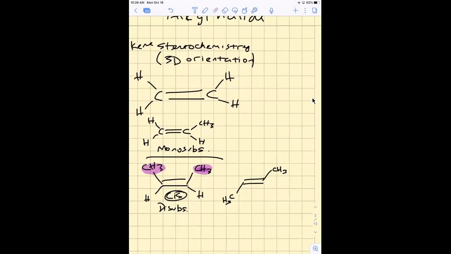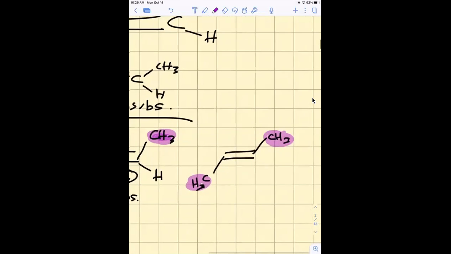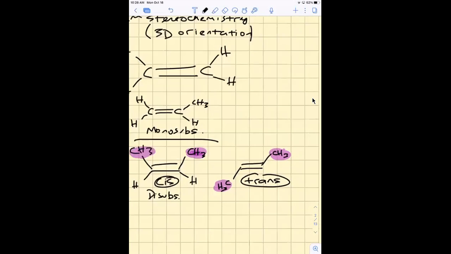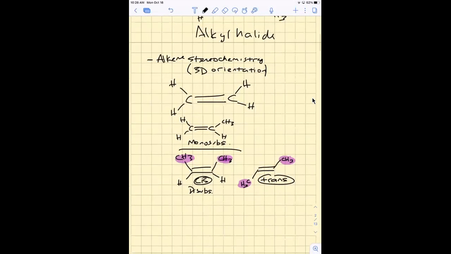The two groups are not on the same side, they're now on opposite sides. This is what we call a trans alkene. So yeah, cis and trans. The thing about these cis and trans alkenes is they have different physical properties. So they're going to have different boiling points, different melting points.